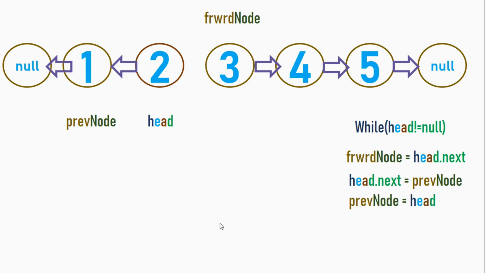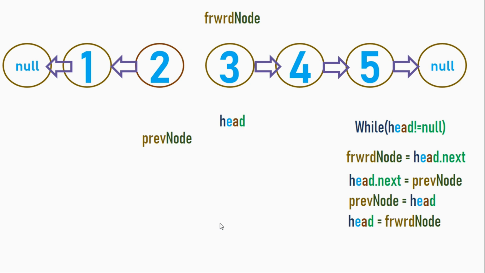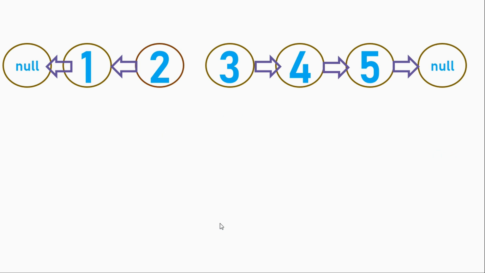Next I will set previous node to head. That means my previous node now is 2. Next I will set my head node to forward node. That means my head is now 3. Now you can see my list. Head node is 3, forward node is 3 and previous node is 2.